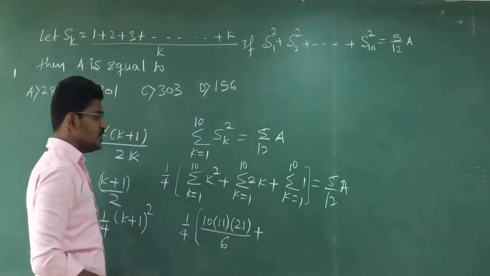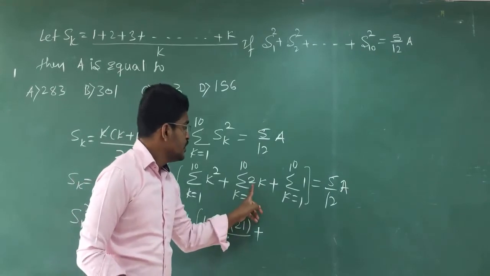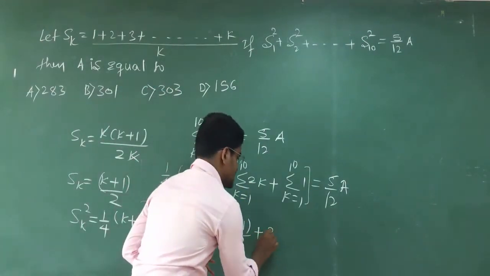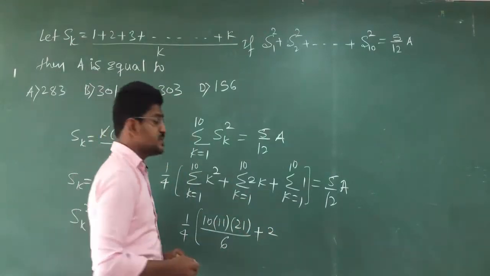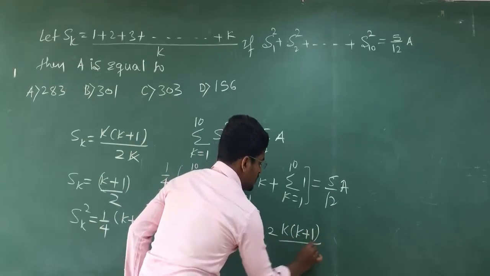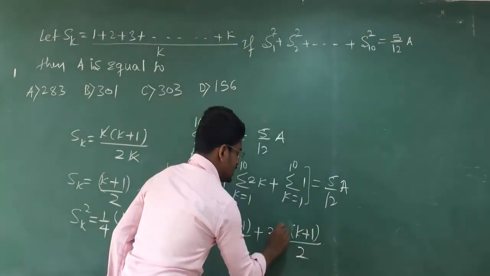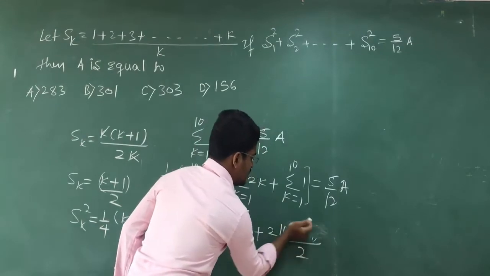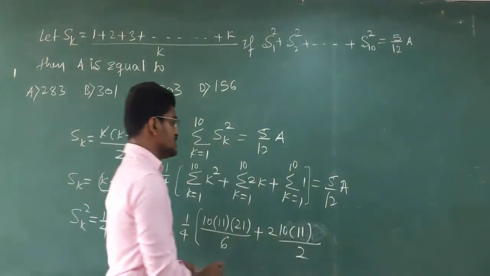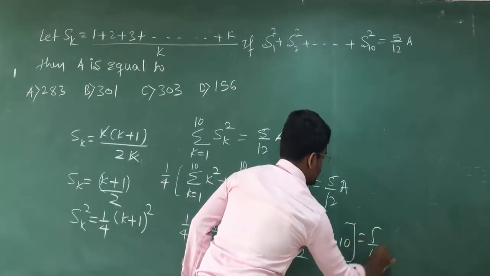Plus, next here 2k. So 2 as it is, summation of n terms, that is n into (n plus 1) divided by 2. Here n is 10, this is 11, plus this will be 10, equal to 5 by 12a.